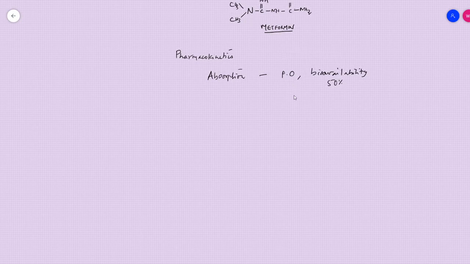Because it has got a metallic taste, one of the adverse effects we said, it should be administered with food, because it decreases the metallic taste.